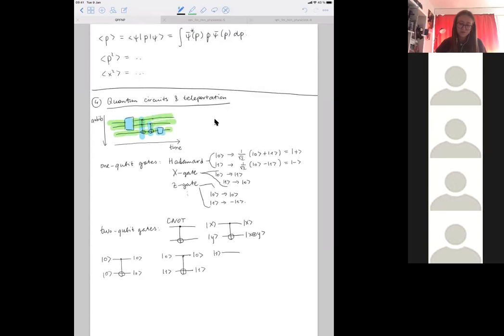Then if the first qubit is 1, the second one is 0, we apply CNOT, then this stays 1, and this one flips because 1 plus 0 is 1. And finally, if they're both starting in state 1, then we have here 1, and here it flips because 1 plus 1 modulus 2 is 0.